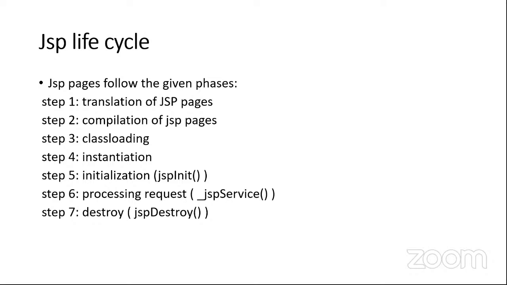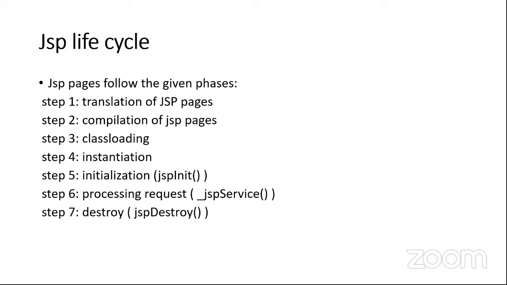Translation and these stages are very important. In translation, the JSP file will be converted to a .java file, and that Java file will get compiled. After compilation, there is a concept called class loader.